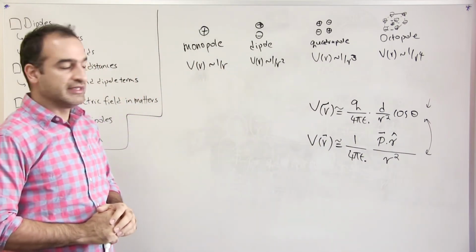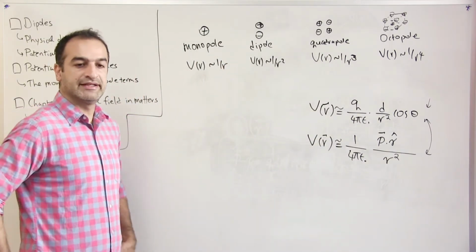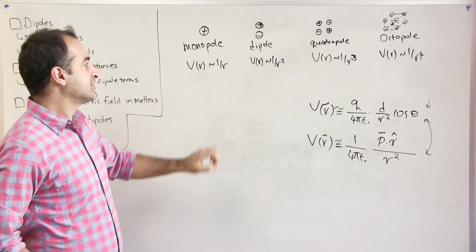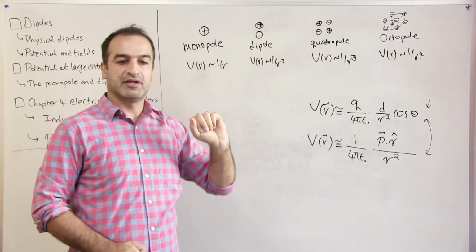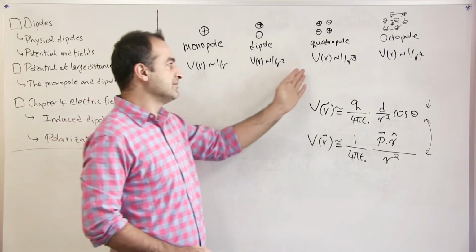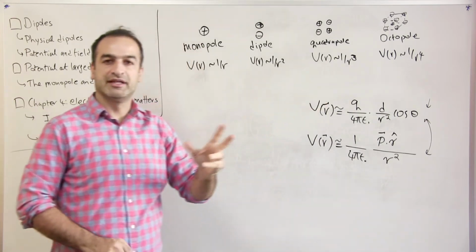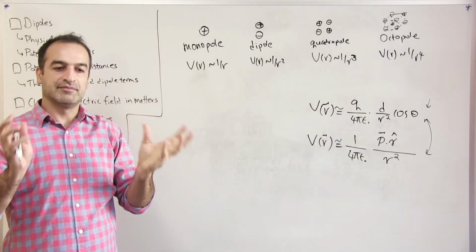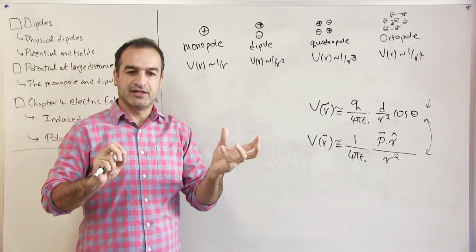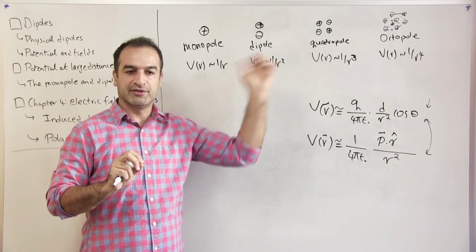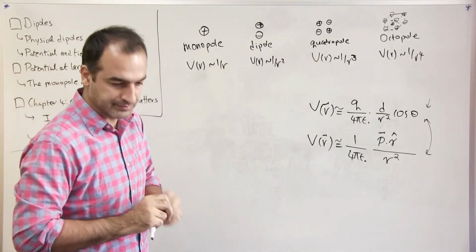In terms of calculating potential and electric field, we just look at the dipole. These terms can be a little more complicated. We are not calculating that, but I'm just giving you the information so that you have some insight on how you can arrange positive and negative charges to create higher order terms.